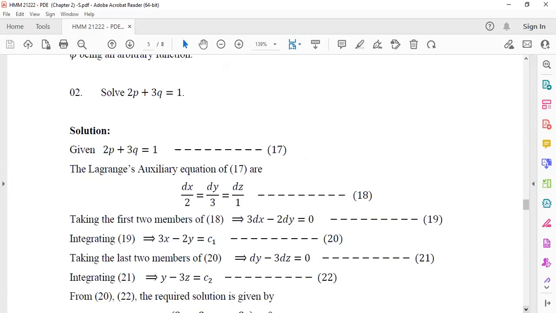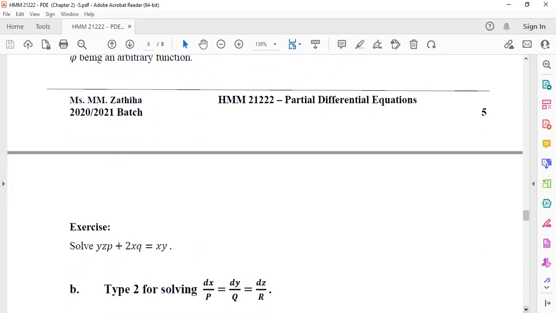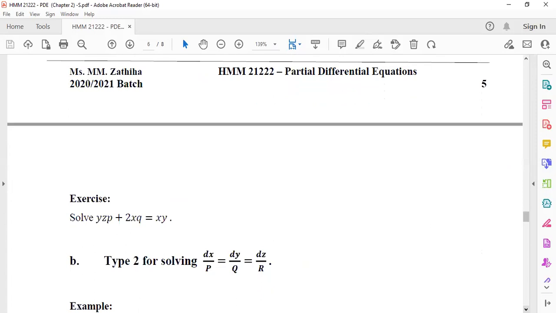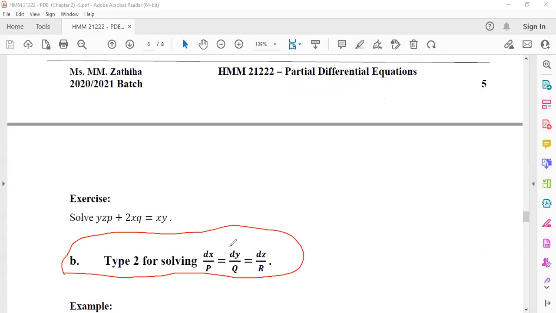So this is all about type number 1, okay? So put B as type number 2, for solving the same auxiliary equations, okay?